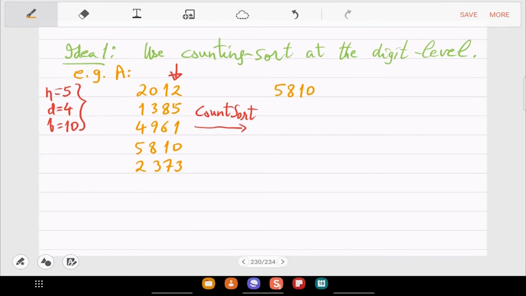So when you change the location of this 0, 581 should go with it, obviously, right? Then after 0 should come 1. So 0 and 1 have been swapped. And then 2012, 2373, and 1385.